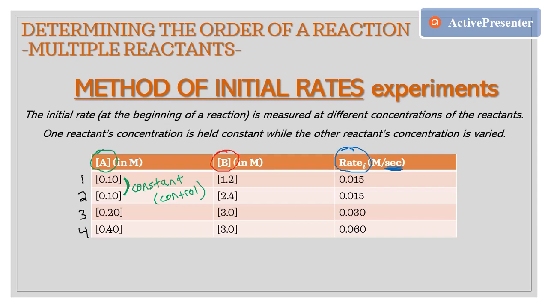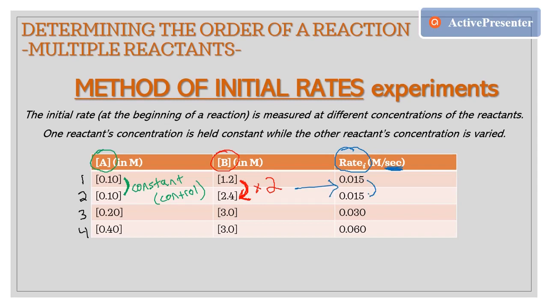Since we left the concentration of A the same, unchanged, in these first two experiments, we can use them to look at the B column, the concentration of B. Between experiment 1 and experiment 2, we doubled the concentration of B from 1.2 molarity to 2.4 molarity. So now let's look at what it did to the rate.